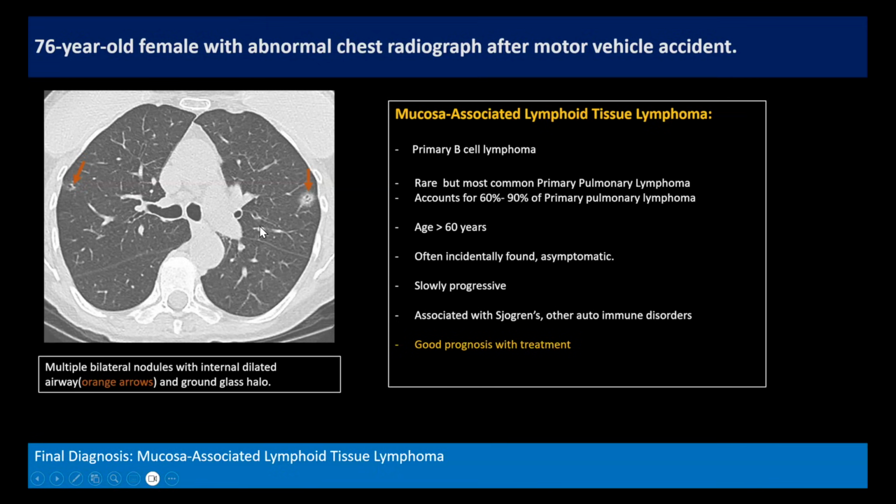Now, overall, primary lymphoma of the lung is extremely rare, but the most common form of primary lymphoma of the lung is MALT lymphoma, a B-cell lymphoma, usually in patients who are 60 years or older. Another key feature I find helpful is that the patients can be asymptomatic, and this disease may slowly progress. Remember the association with Sjogren's disease and autoimmune disorders, which also helps in further narrowing the differential.